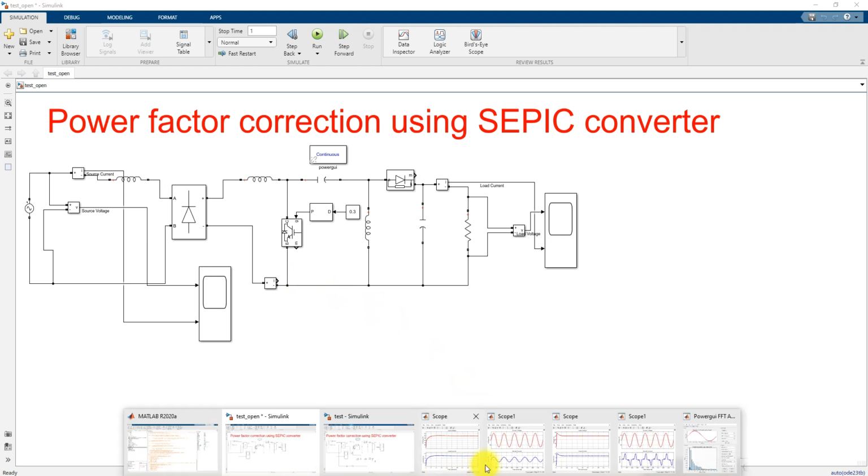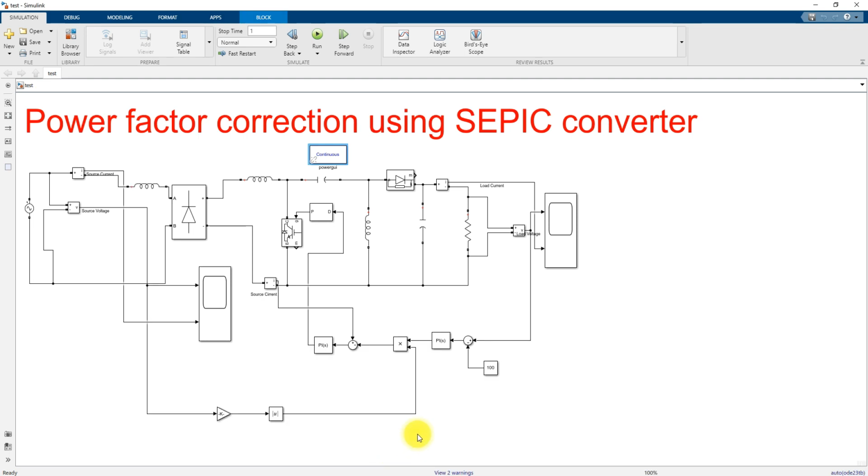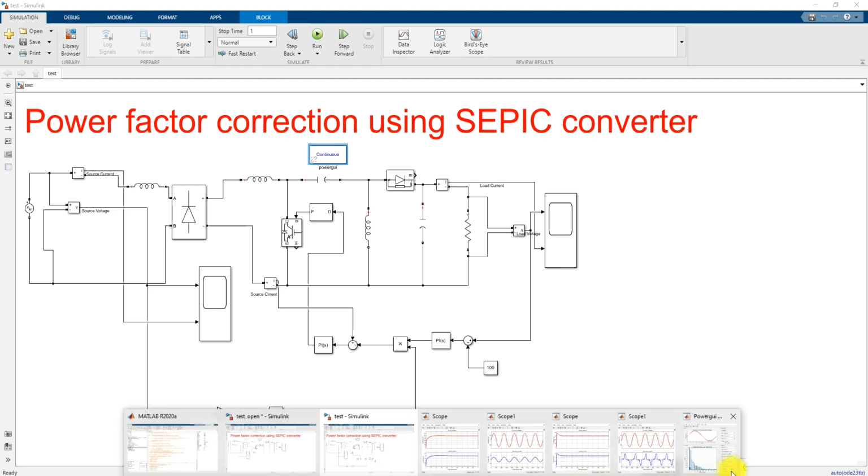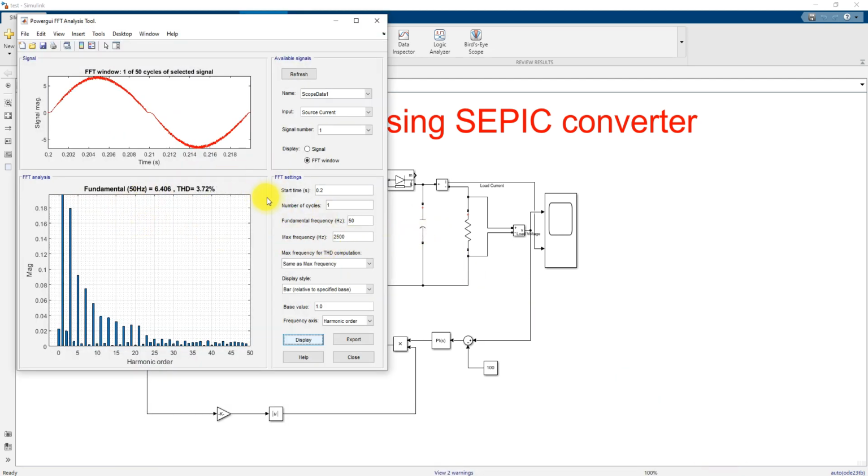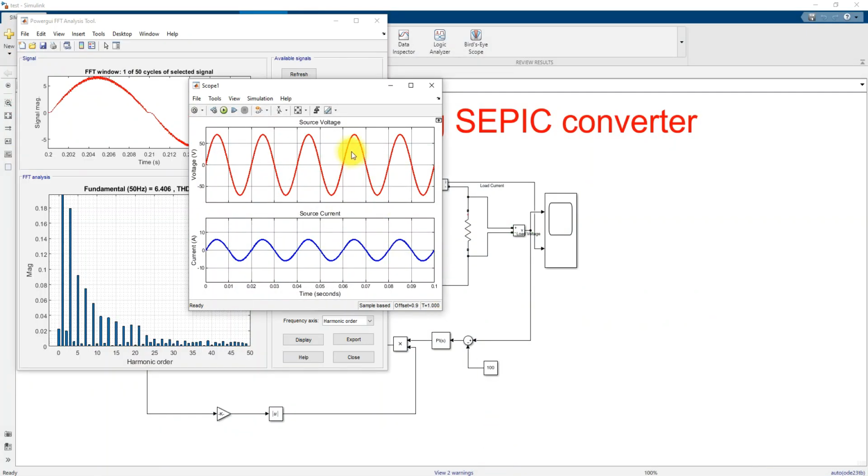When you go with closed loop control, like the outer and inner loop concept, that means dual loop control, the THD is reduced to 3.72%, which meets the IEEE and IEC standard for source current THD. Also the source current and source voltage are in phase, which means the power factor is almost improved to unity. So this is the working of power factor correction using the SEPIC converter with dual loop control.